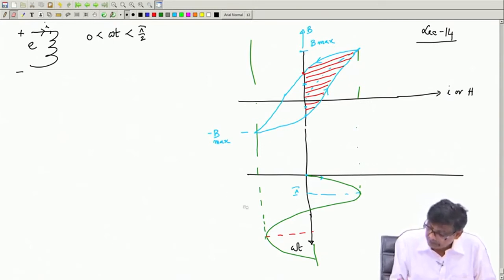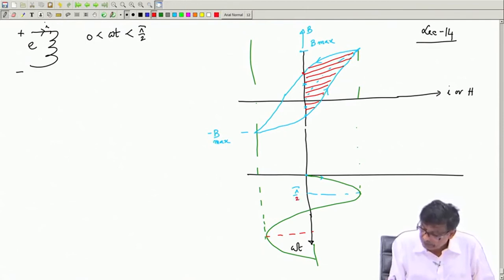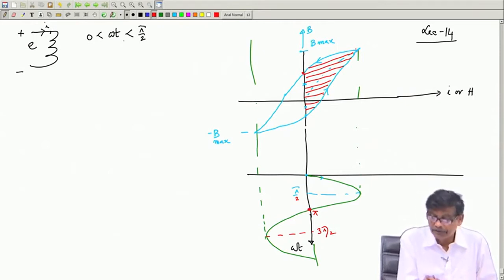This is pi by 2 and this is pi, and this is 3 pi by 2. So, between 0 to pi by 2 current was increasing, and from pi by 2 this point will be reached when I have come here. So, 0 to omega t equal to pi by 2 it is like this.